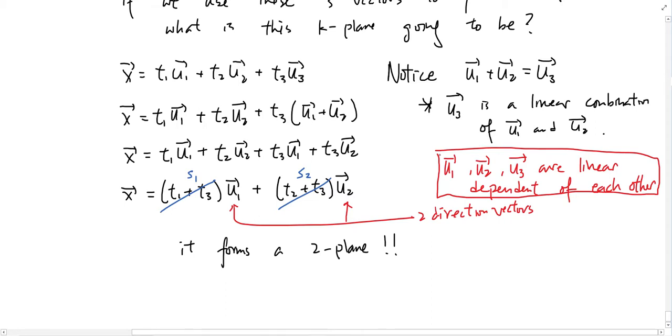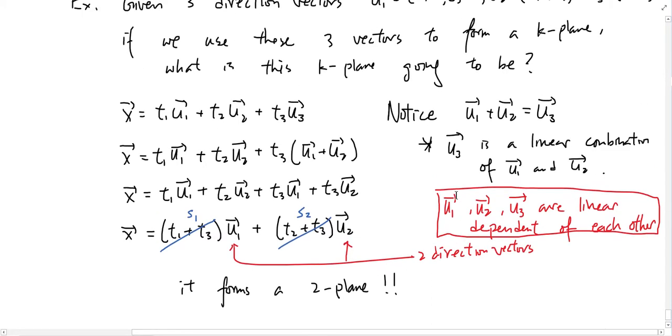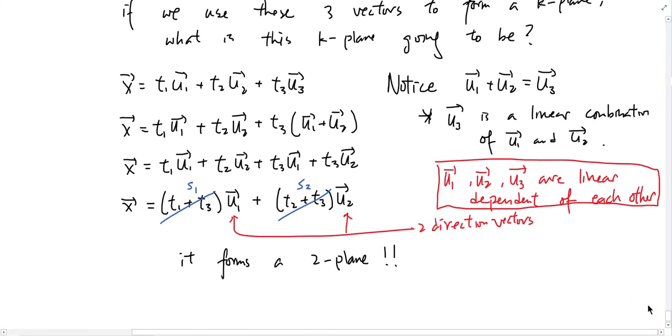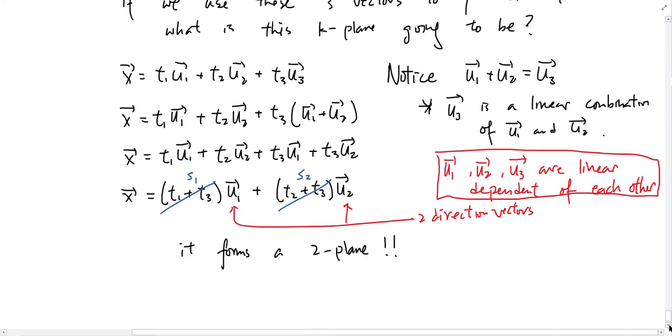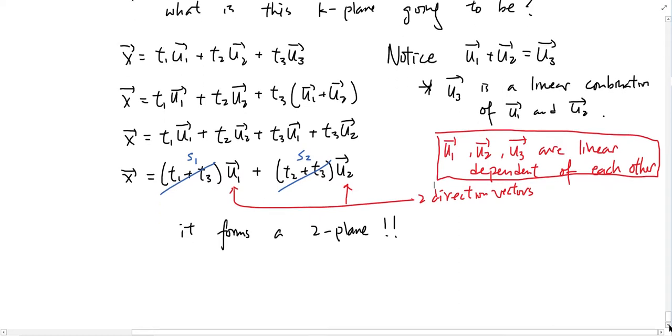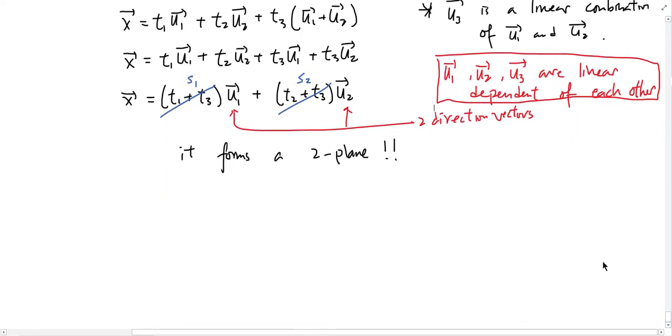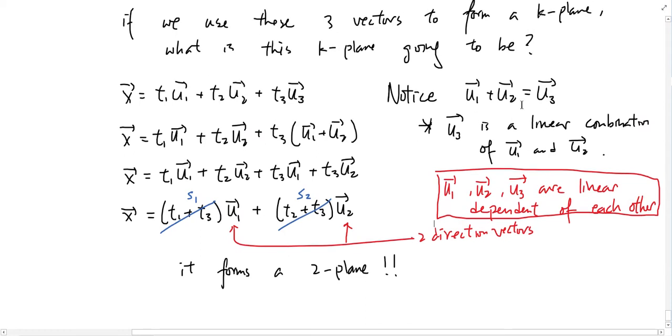Okay, now the question comes down to, how do I define this concept of linear independence versus linear dependence? It's actually pretty simple. The reason we have a linearly dependent set u1, u2, and u3 is because of this linear combination right there. But technically speaking, not just u3 can be formed as a linear combination of u1 and u2.